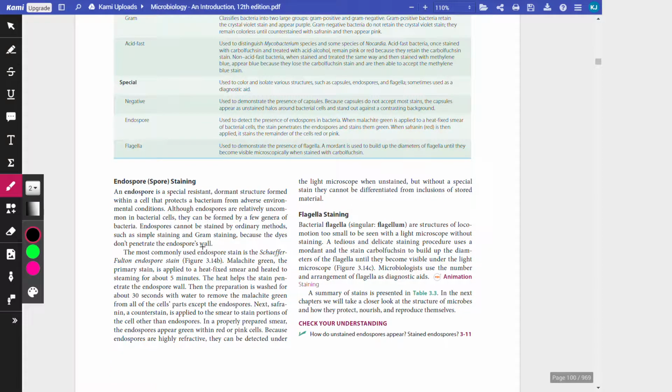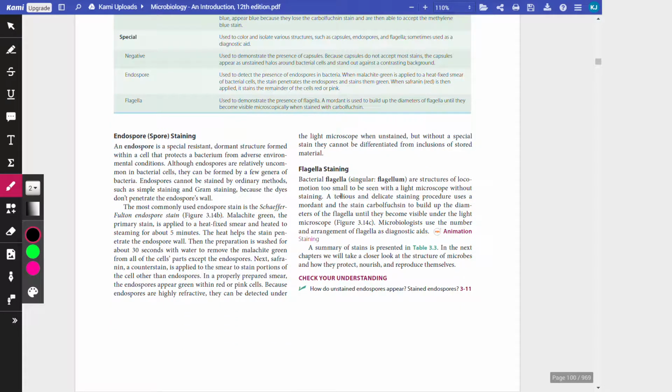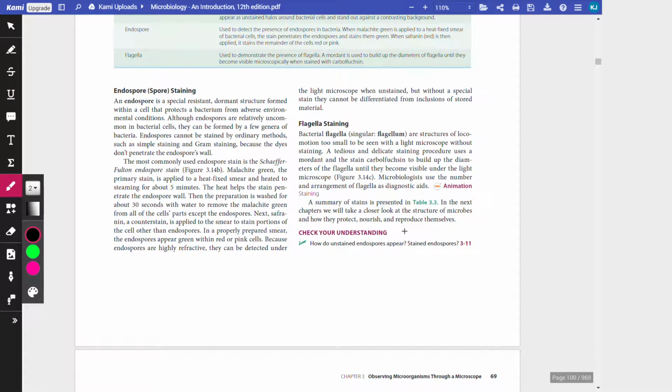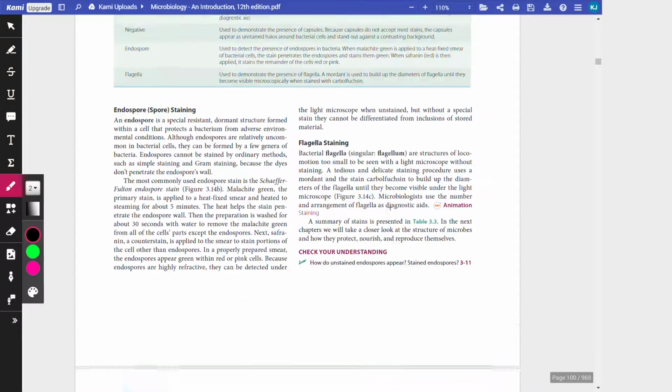An endospore is a special, resistant, dormant structure formed within a cell that protects the bacterium from adverse environmental conditions. So the endospore protects your spore. Now, flagella staining. Okay, this is the type of staining that helps you view the flagellum of the creature. Summary of stains, practice in table 3.3.